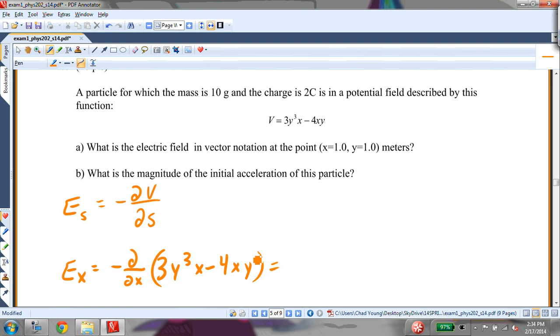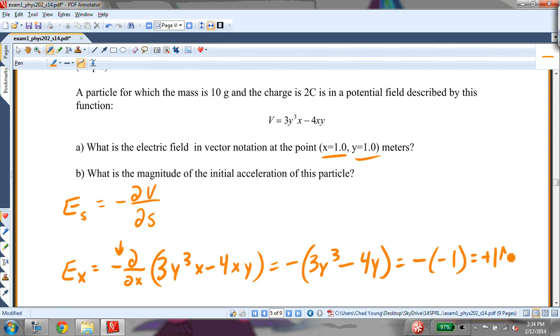So the derivative of 3y cubed x is just going to be 3y cubed, remembering this negative right here, and minus 4y. Let's go and put our value here. We have x equal 1, y equal 1, so that's going to be 3 minus 4, so it's negative, negative 1, or positive 1. That's in the i direction.